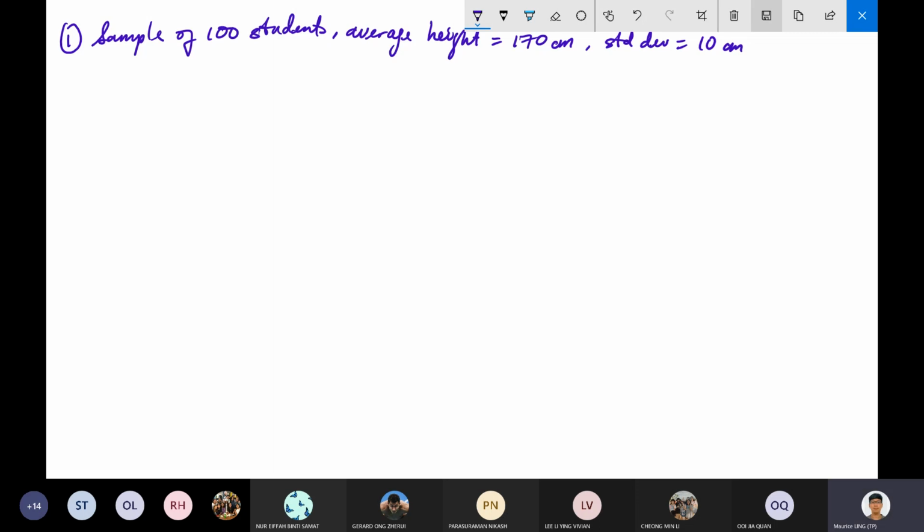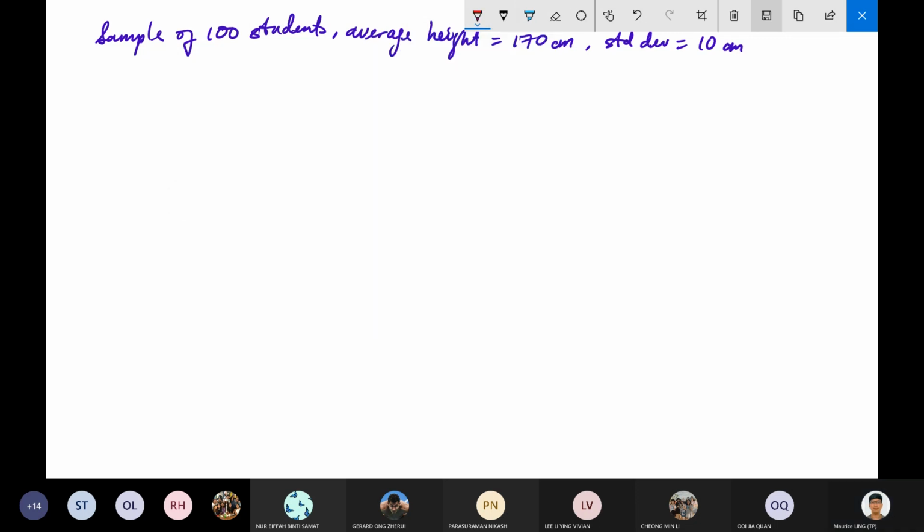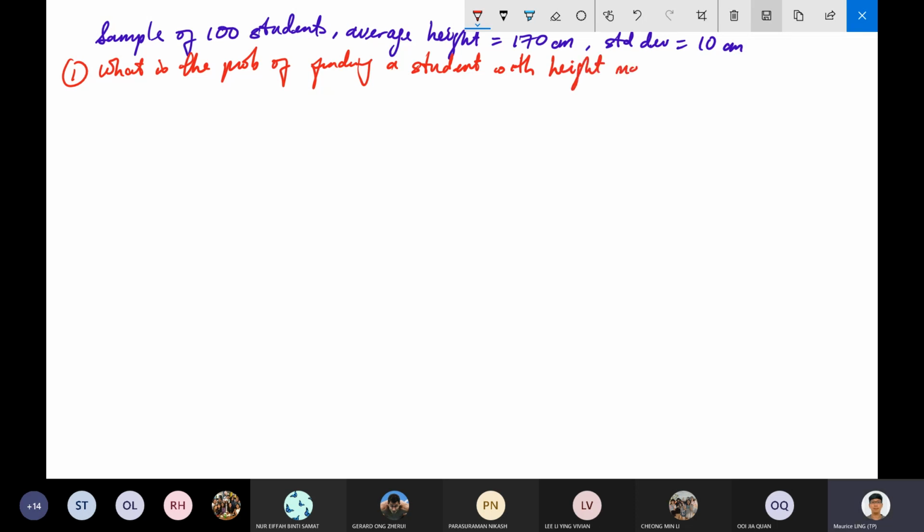Okay, now, this is the thing that we want. But my question now becomes, one, what is the probability of finding a student with height more than 185 cm?